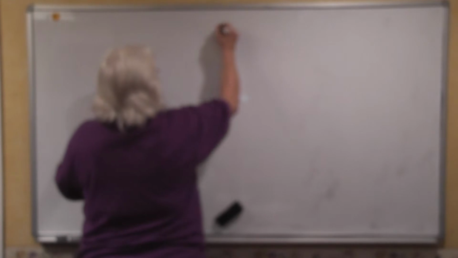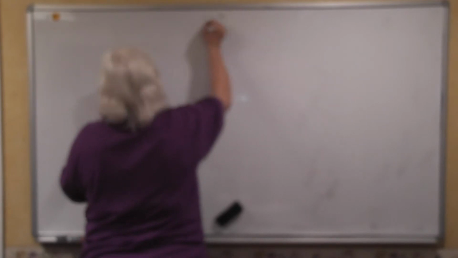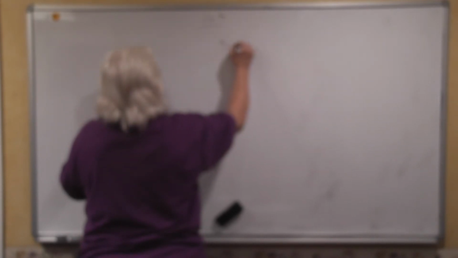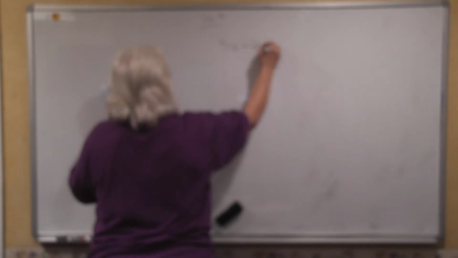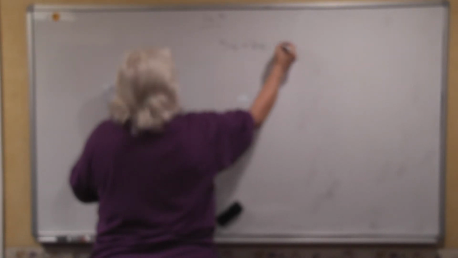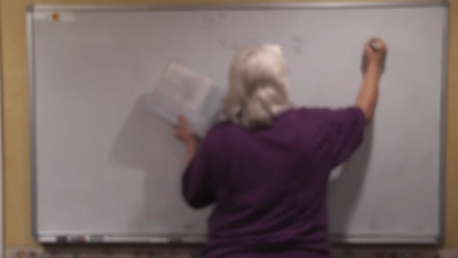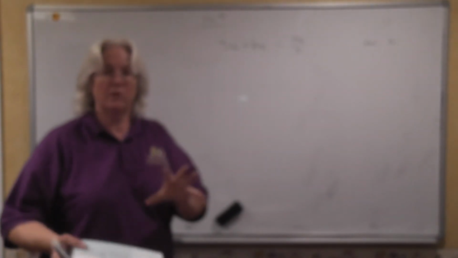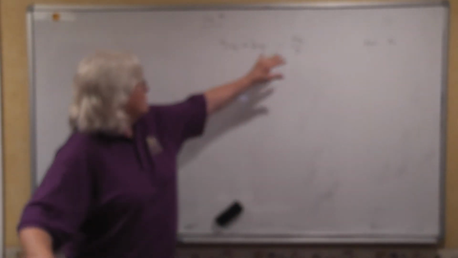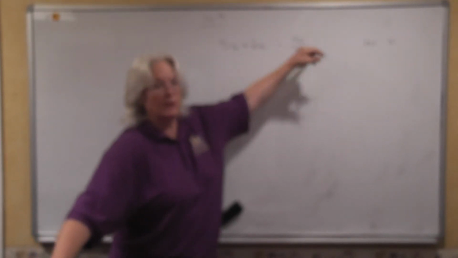All right, example 3 says solve 3a plus b times x equals 4x over 5 for x. Don't give up. How in the world are we going to solve for x?